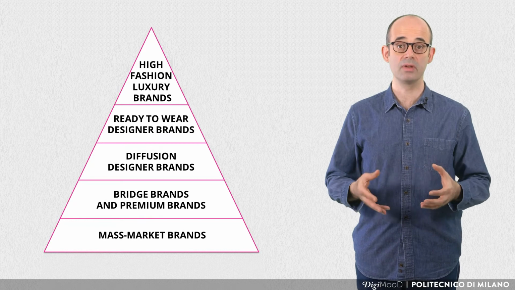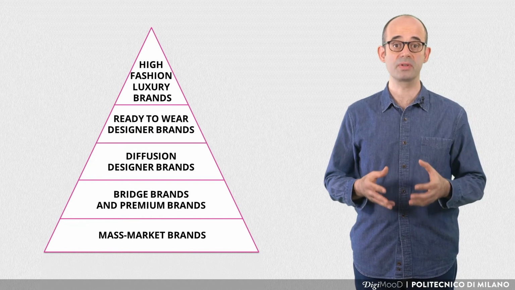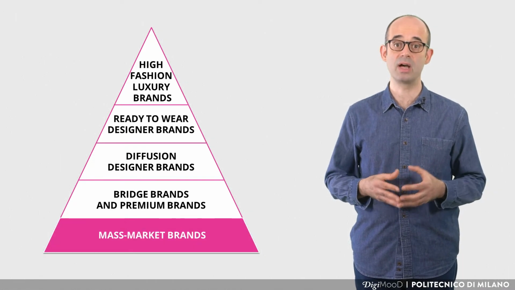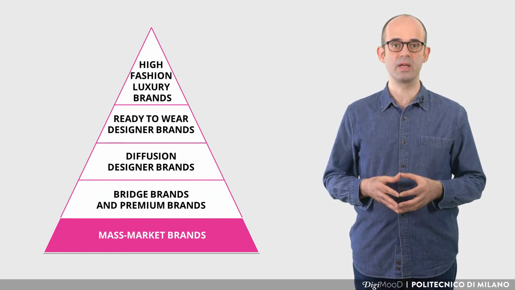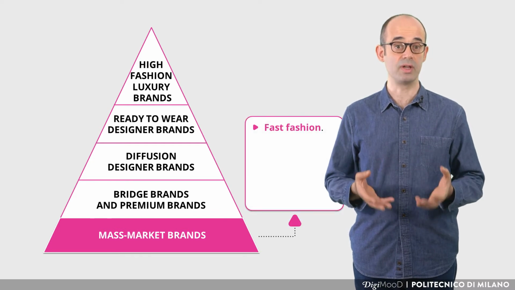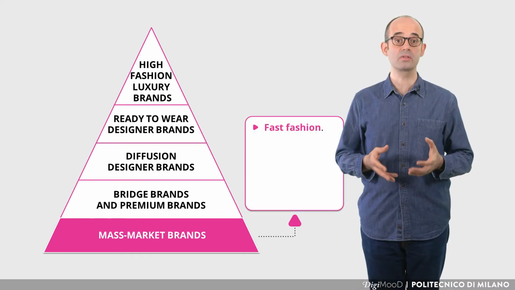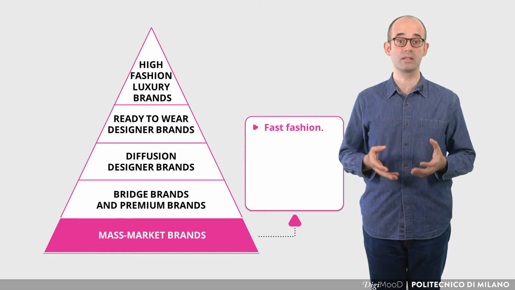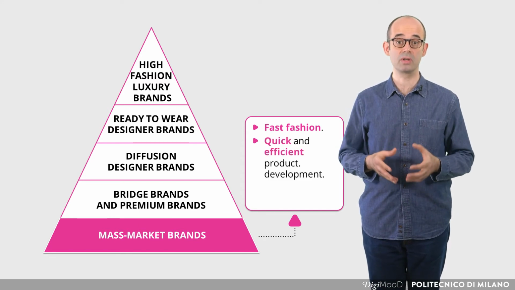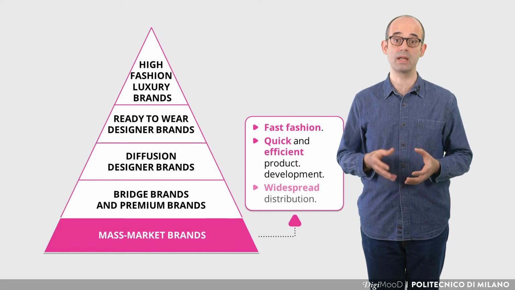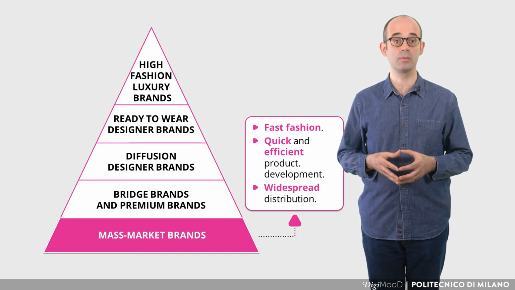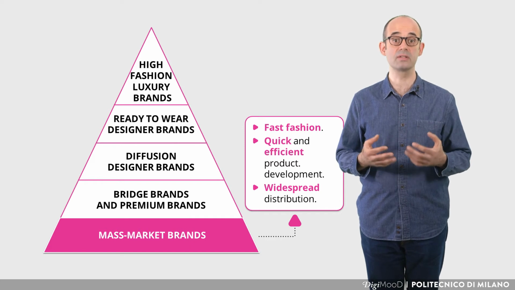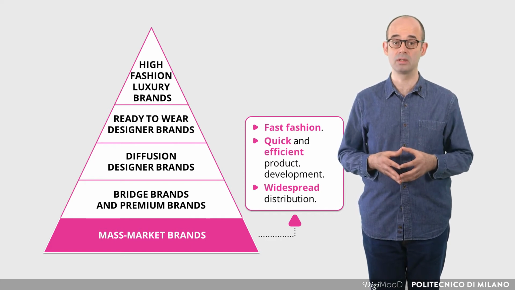The lowest level of the fashion market is represented by mass market and value brands. The brands in this segment represent the base of the pyramid, and they are defined as fast fashion. These companies and brands are characterized by a quick and efficient product development with a good network of suppliers and well-structured logistics, able to provide a widespread distribution of points of sale.